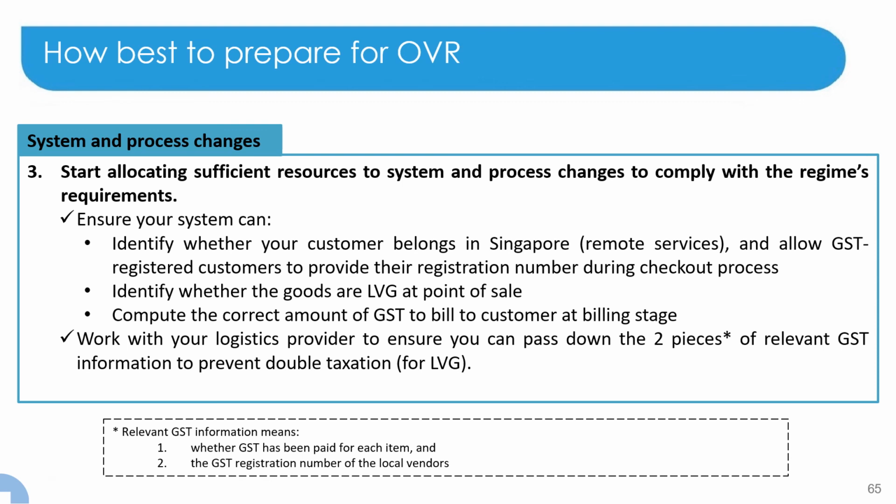You should also ensure that your system can identify whether the goods are LPG at the point of sale and whether your system can compute the correct amount of GST to bill to the customer at the billing stage. In addition, you should work with your logistics provider to ensure that the relevant GST information is passed down accurately to prevent double taxation for the supply of LPG.